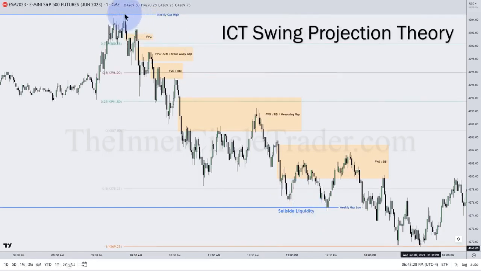If we take the high of that price swing and draw that Fibonacci all the way down to that candle's high right there, from high to low of the gap. Why this gap? Because this is the measuring gap. It's approximately half of an implied dealing range.